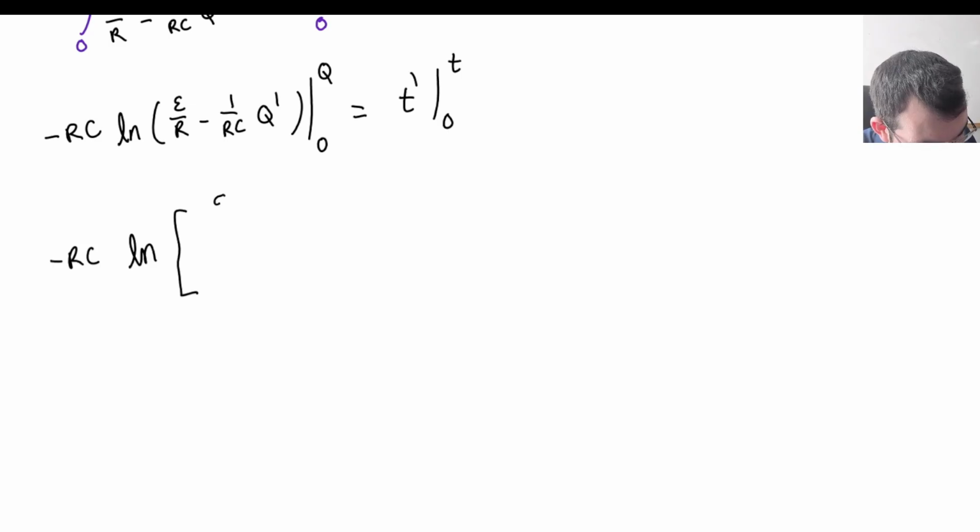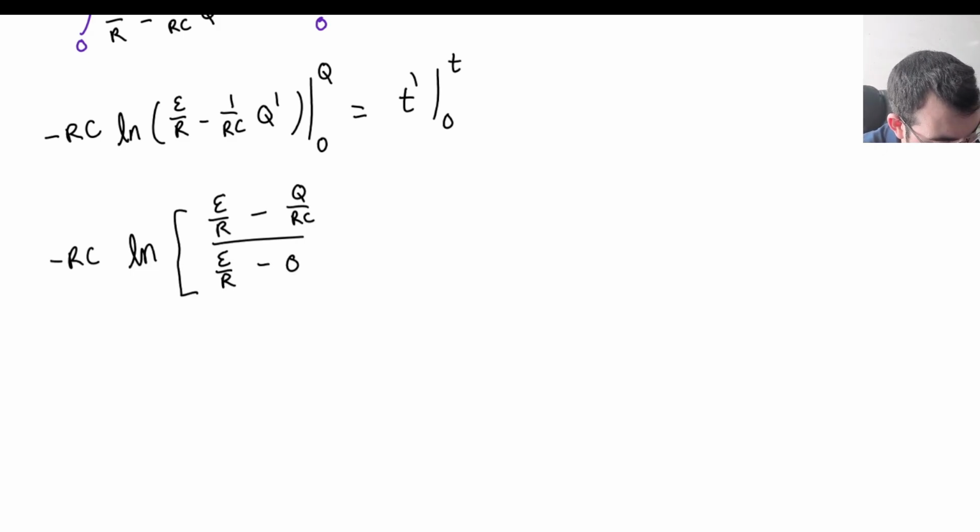So if I plug in my upper limit, I get epsilon over R minus Q over RC. And if I plug in my bottom limit, I would get epsilon over R minus nothing. And this is just t.